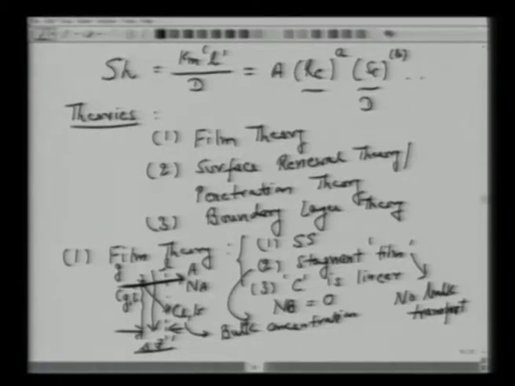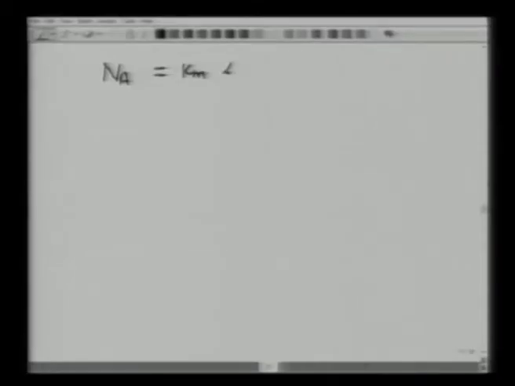As a consequence, we can write that the diffusion flux of A still equals the mass transfer coefficient Km times del C. So this del C is nothing but Cgi minus Cl in the bulk.